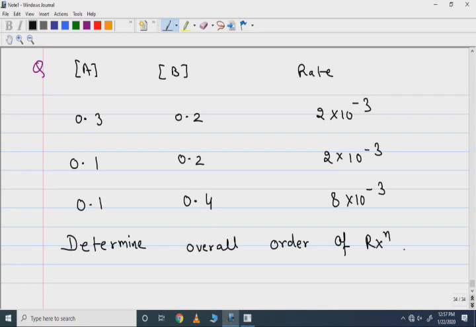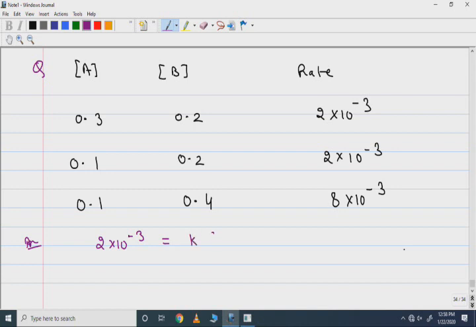Okay guys, so let's start. Again we have to frame three equations. First is 2 into 10 to the power minus 3 is equals to k, 0.3 power m, 0.2 power n, equation number 1.